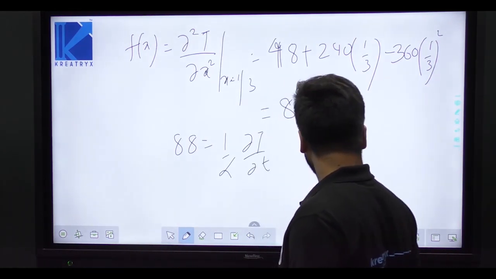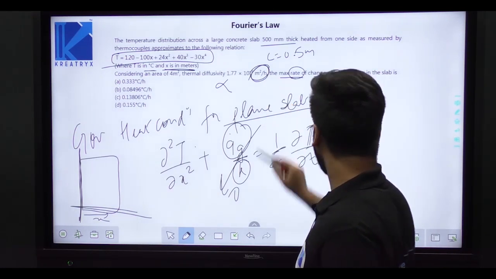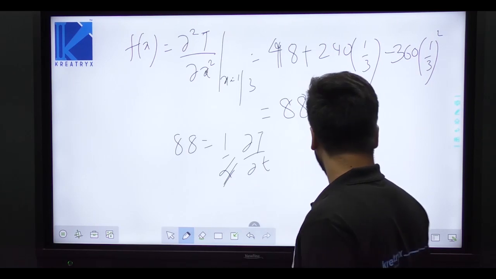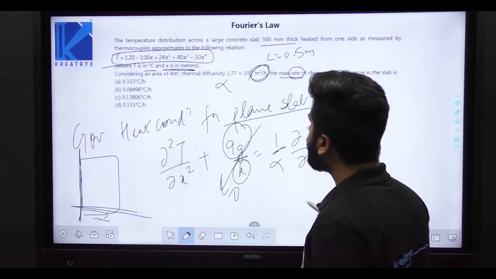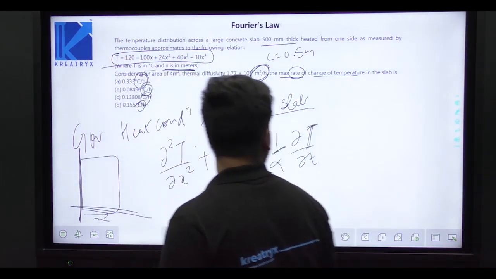Check the units. This is in meter square per hour. Right. Meter square per hour, and you have to find the answer in degrees Celsius per hour only. So there is no problem.